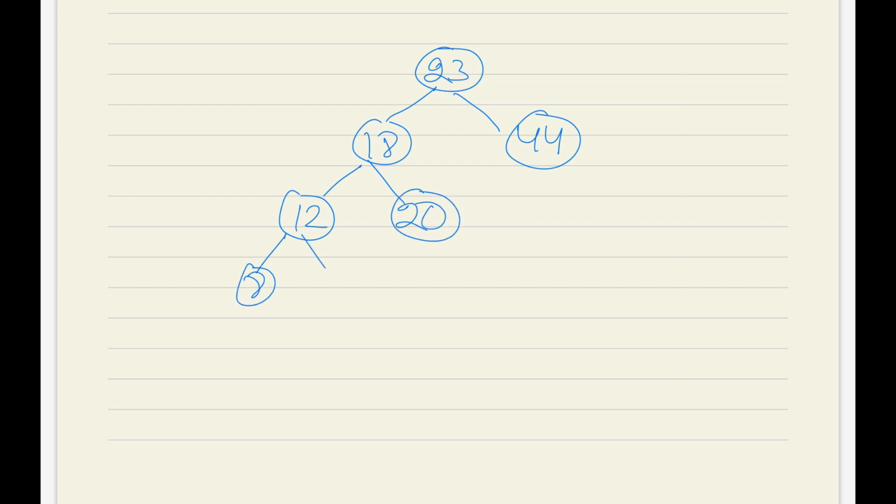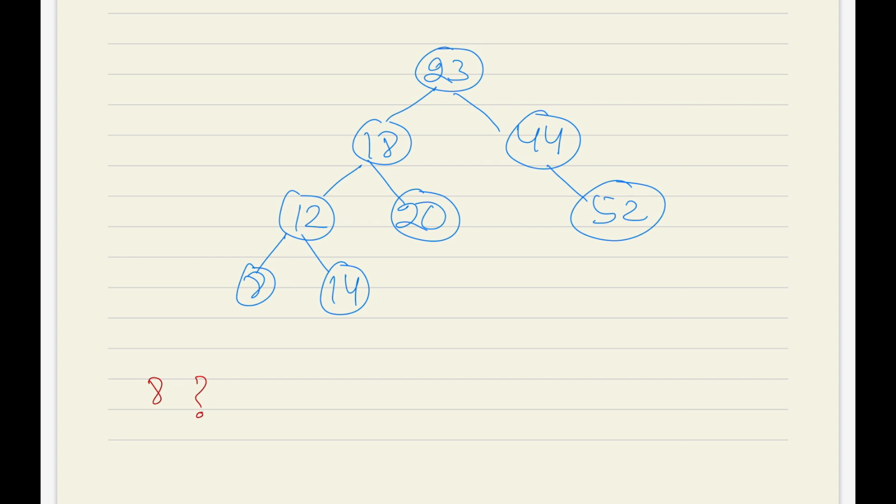So it is 8, it is 14, it is 52. So now here in this tree structure, if we want to locate node 8, whether 8 is present in this list or not.